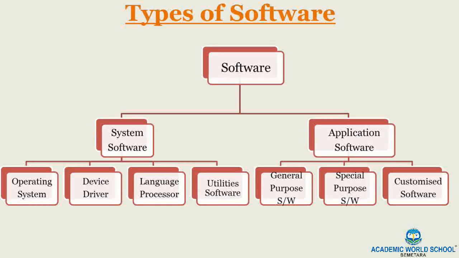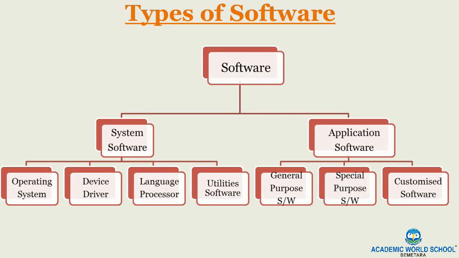Next is device driver. Device driver means, in your computer different types of devices are connected, like keyboard, mouse, printer, scanner. To initiate and interact with these devices, we require software. So they are called device drivers.